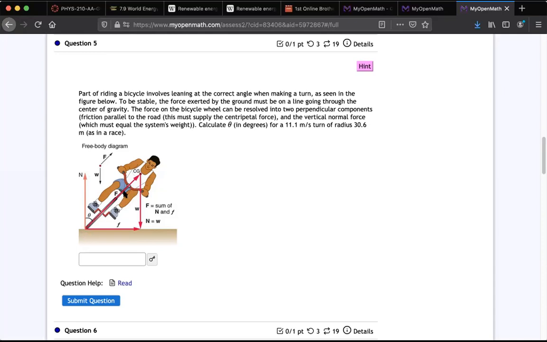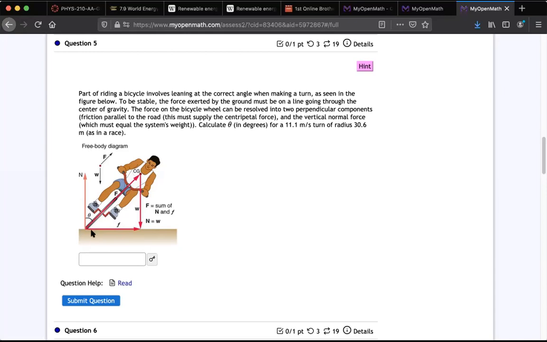And you might be wondering, how come the force exerted by the ground isn't just straight up, like the normal force usually is? Well, this force has a component of static friction added to it. They tell you this force is really the sum of the normal force and the static friction force. So the ground is gripping the bicycle tire and preventing it from moving side to side like this.